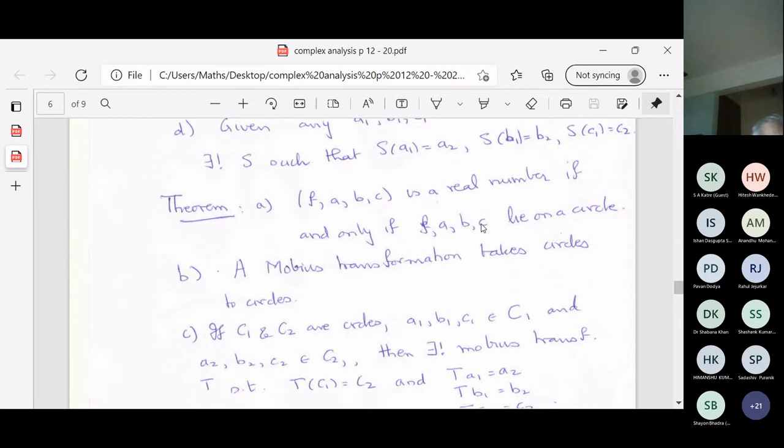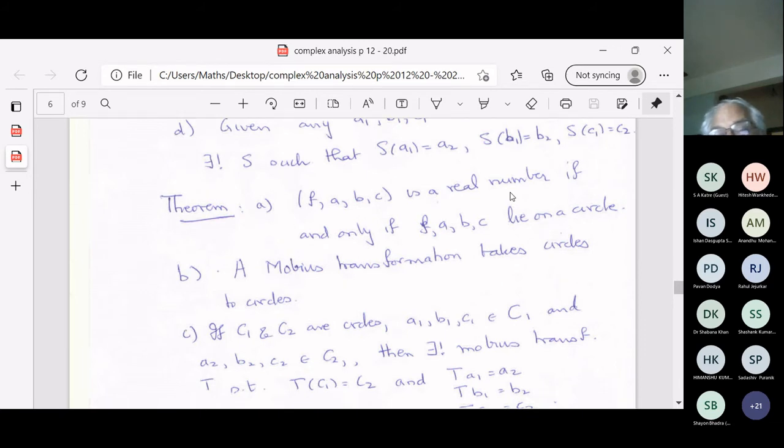Okay. So all these are properties about Mobius transformations, and I hope you understand that these are geometric properties of these maps.